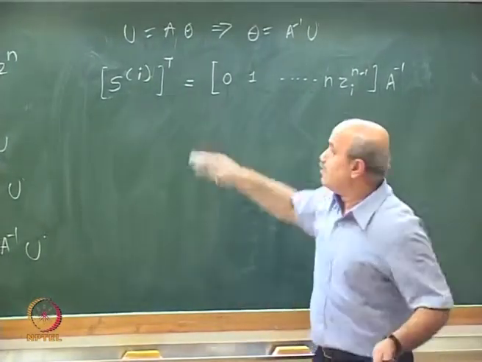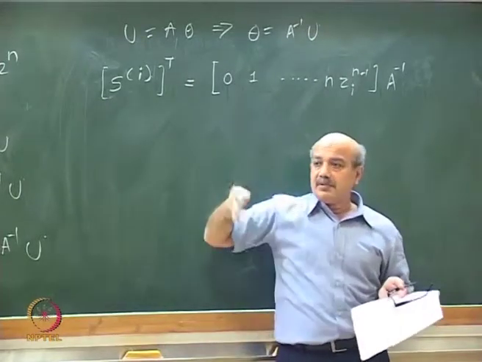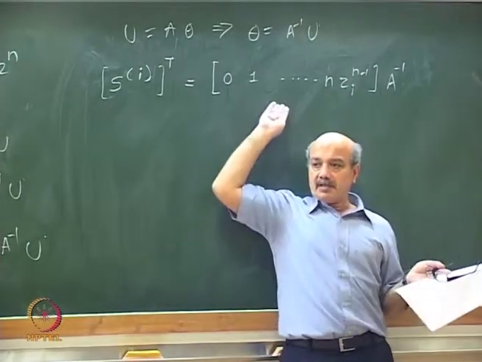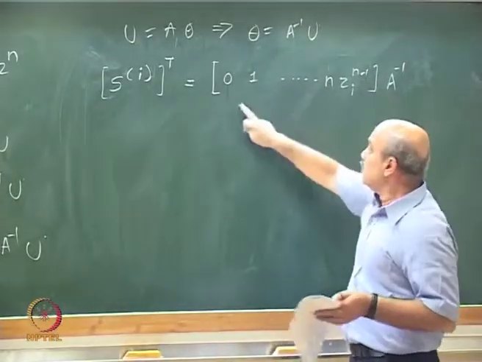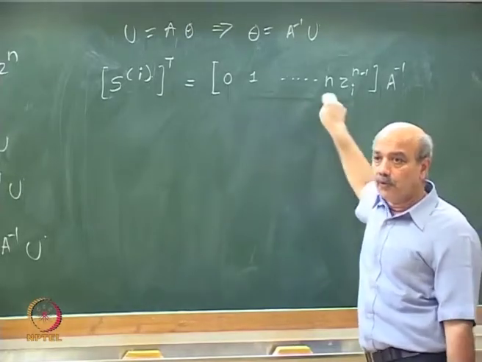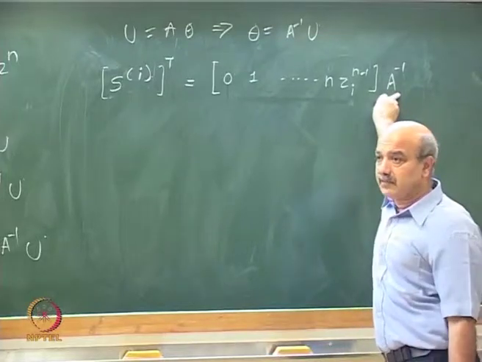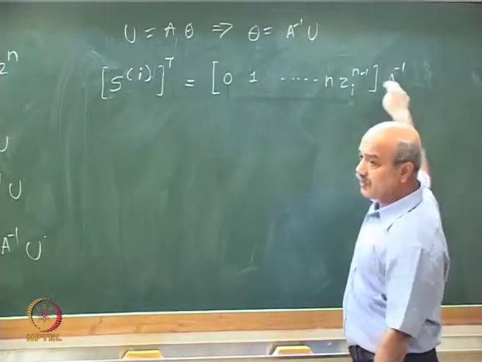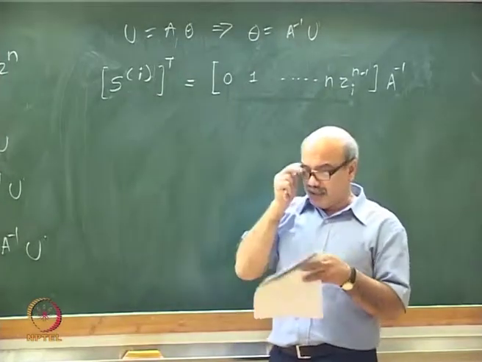Since we know Z1, Z2, Z3, we can compute the A matrix and A inverse. Since we know Zi, we also know this row. This row times this matrix will be a row vector. That row vector I am calling Si transpose.